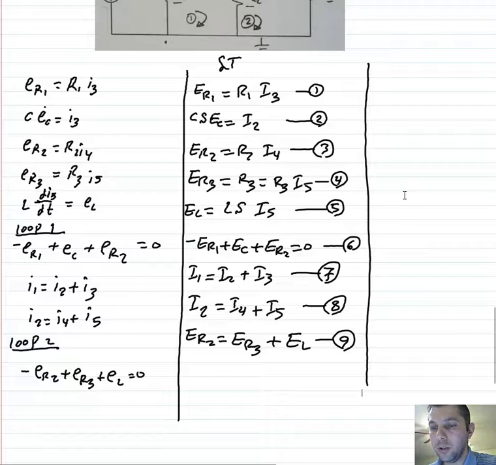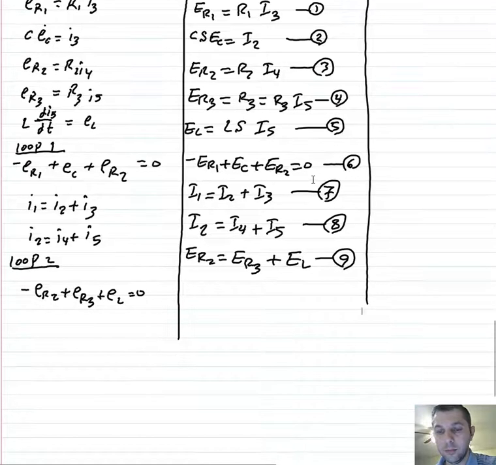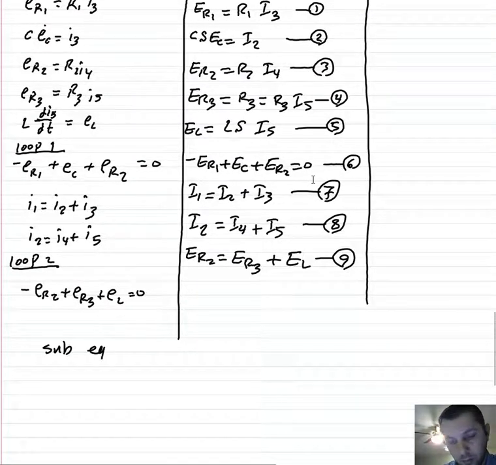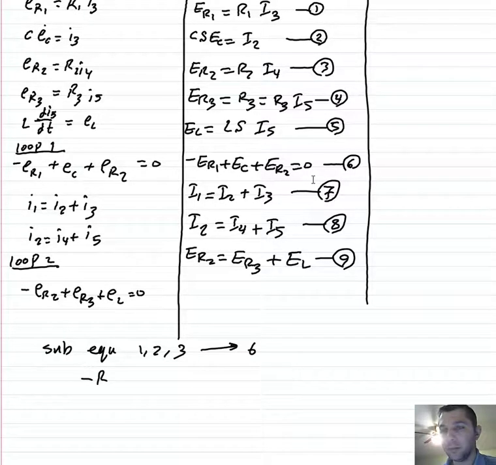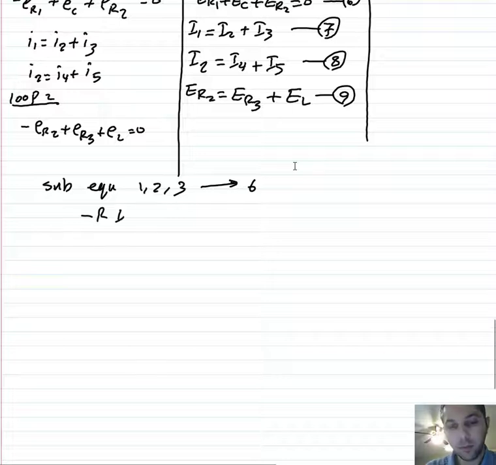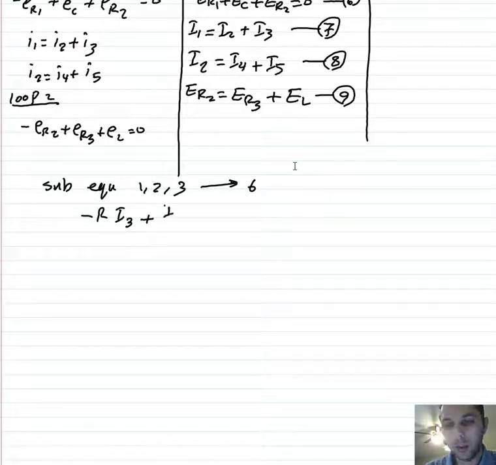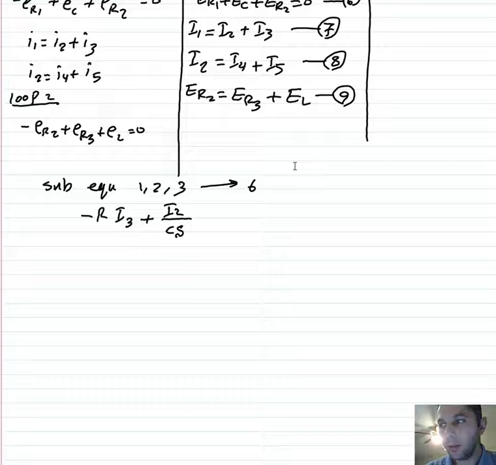we will combine the equations here. So we will substitute equations 1, 2, 3 into equation 6. Now we will get minus R1 I3 plus I2 CS plus R2 I4 is equal to 0.